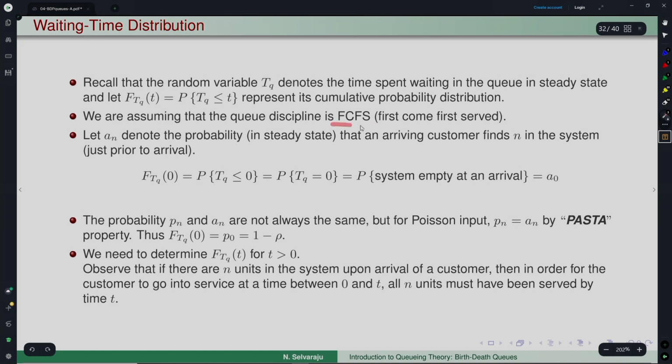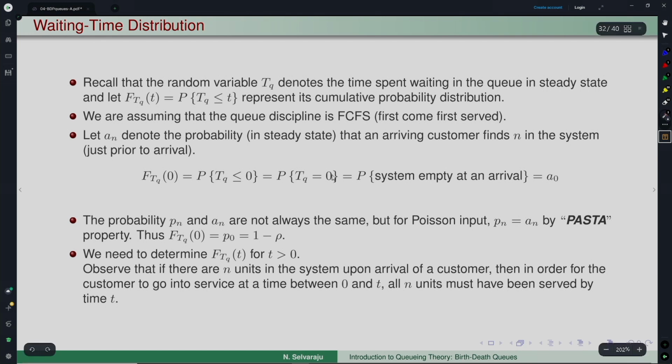What is the queue discipline? That plays a critical role, as you will see. Now, A_n, as we already know, is the probability that an arriving customer finds n in the system. And F_TQ(0) is basically the probability that T_Q is less than or equal to 0, because you do not need to wait in the queue, which means you directly get into service.